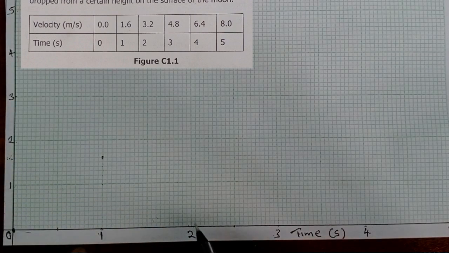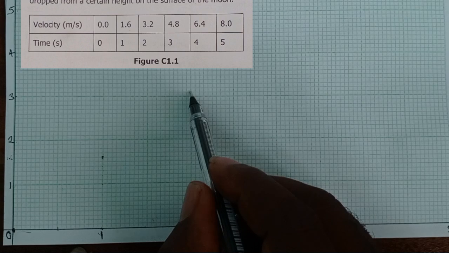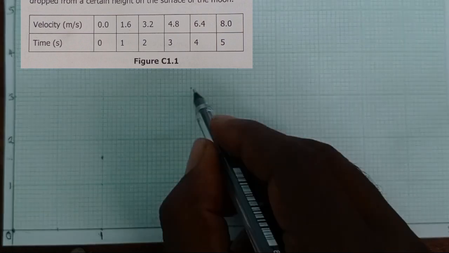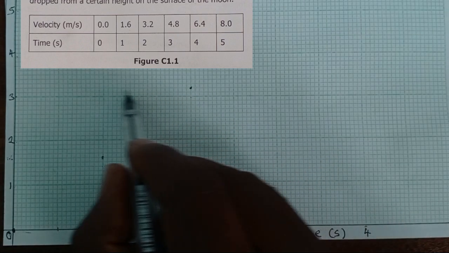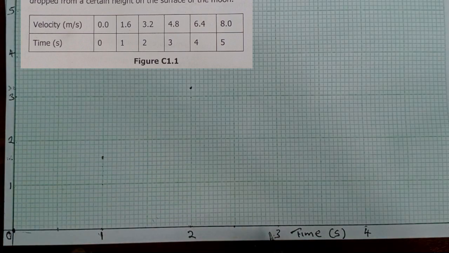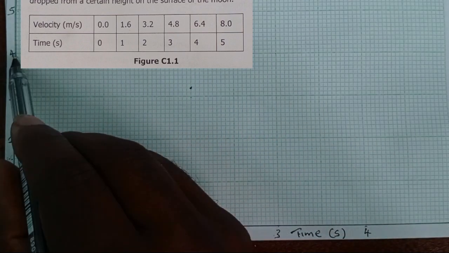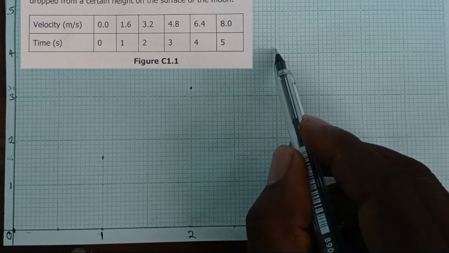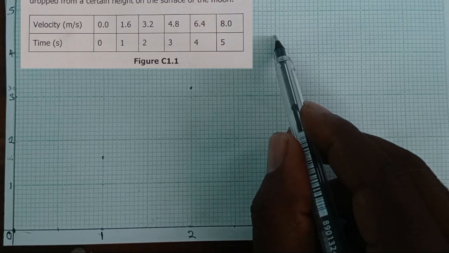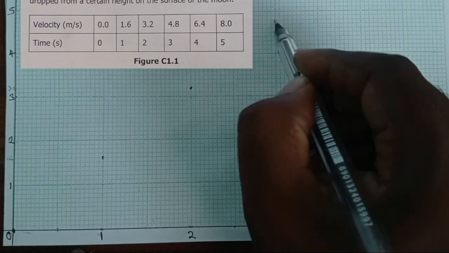Then we have 2, 3.2. So 2, then 3.1, 3.2. That is 3.2. Then we have 3, 4.8. So 3, then 4.1, 4.2, 4.3, 4.4, 4.5, 4.6, 4.7, 4.8.